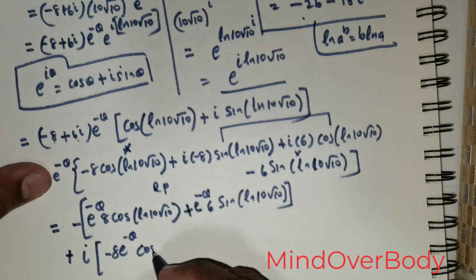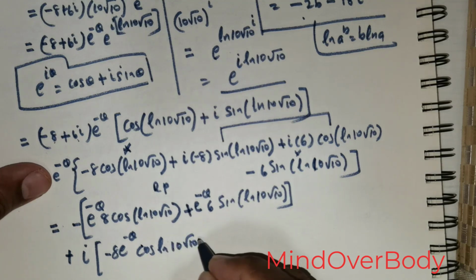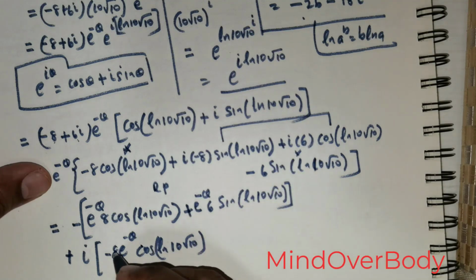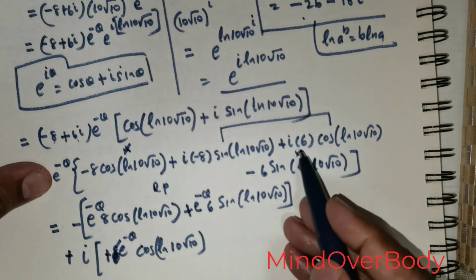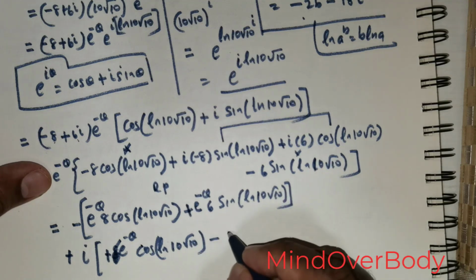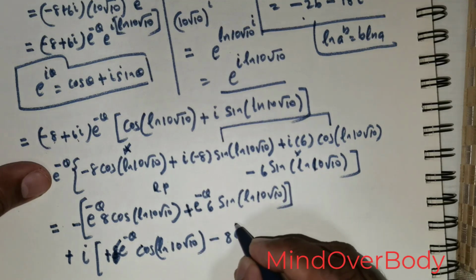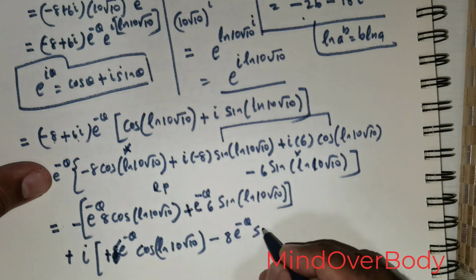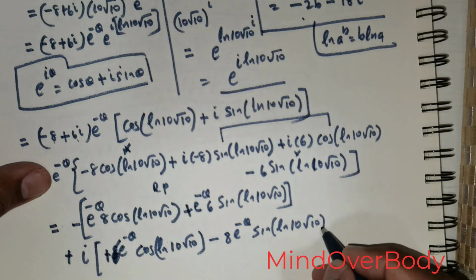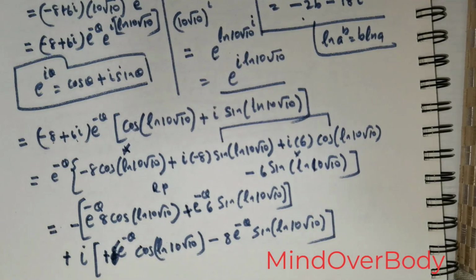So it's going to be cos of ln of 10 times root of 10. If I write the cos first, then probably I should place a positive sign and 6 there, because I want to write the cos term first. So followed by negative 8 times e power minus theta sine of ln of 10 times root of 10. So this is the imaginary part.